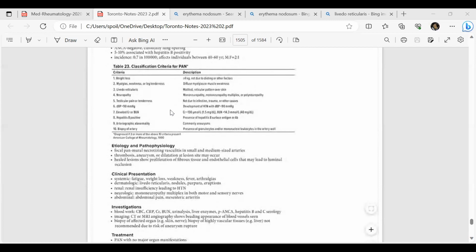Blood urea nitrogen is greater than 14.3 millimole, and creatinine is greater than 130 micromole for the diagnosis of PAN. And can anyone tell me what is DBP?